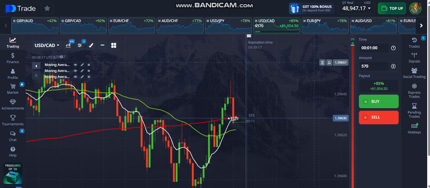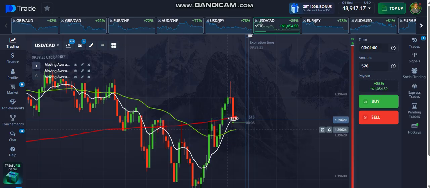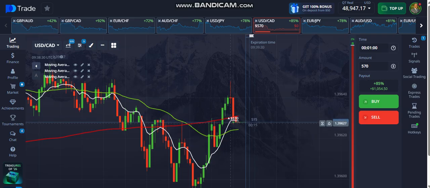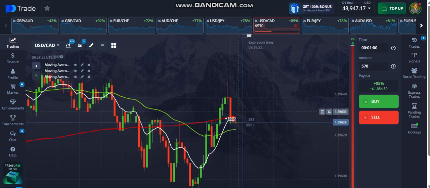Okay, so I'm back on the US dollar, Canadian dollar currency pair. And first step was I looked at the 10 EMA crossing the 50 EMA. Secondly, waited for the retracement of the price back to the 10 EMA line.